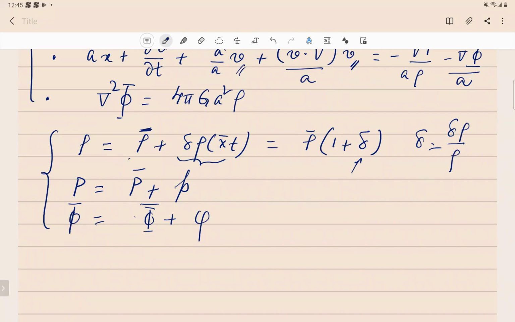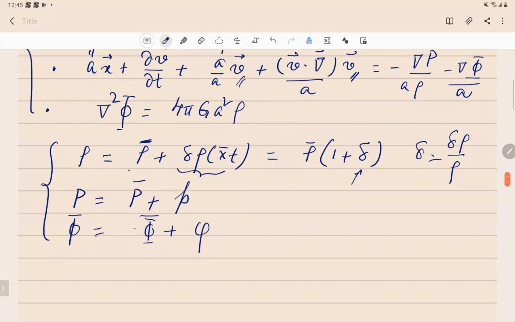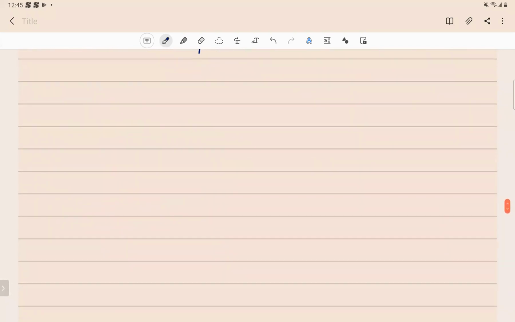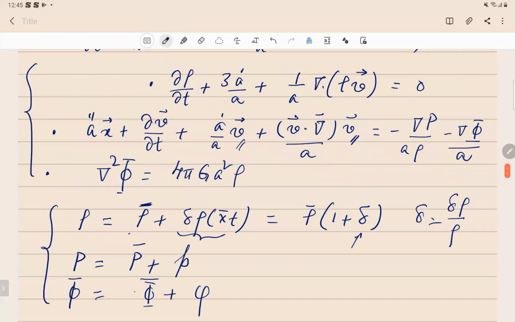So what we do is we want to write the fluid equations in terms of these fluctuating quantities. And when we do, it's just simple substitution, then the equations become the following. Of course, when you put these back into the fluid equations, you have to recognize that you have to apply the equations for the background, and you have to substitute the background equations as well.